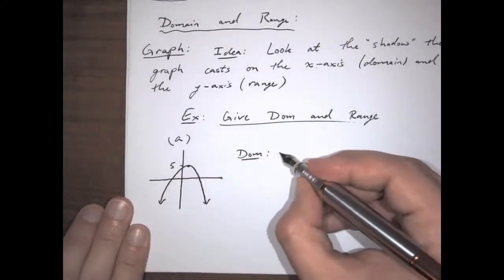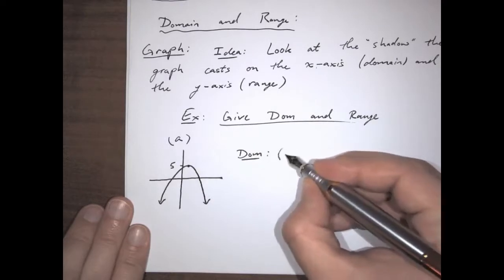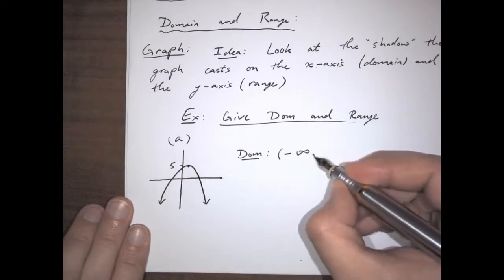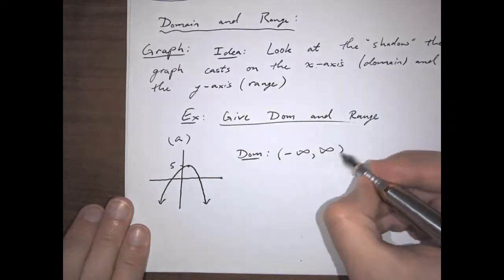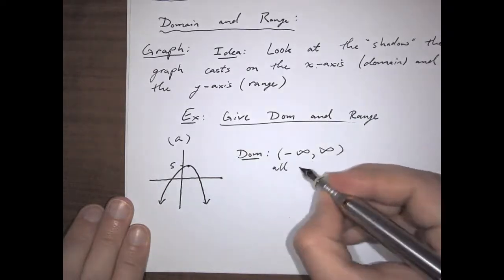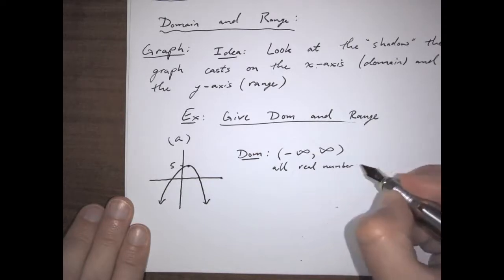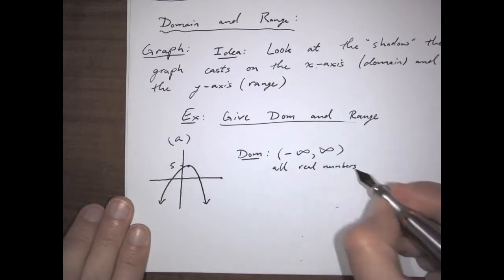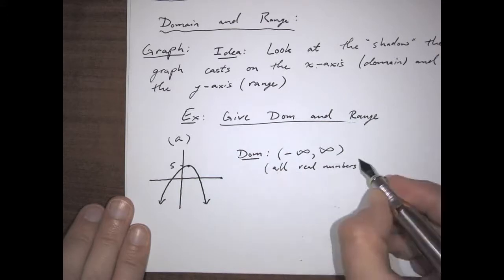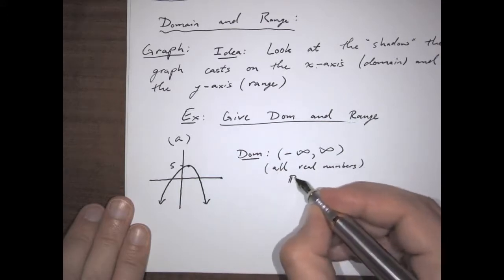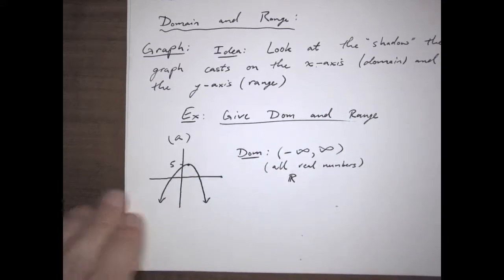And so the domain is actually everything from negative infinity to infinity. In other words, all real numbers. Sometimes, by the way, this is written just with a blackboard bold R like so.